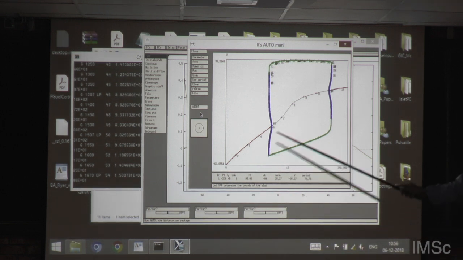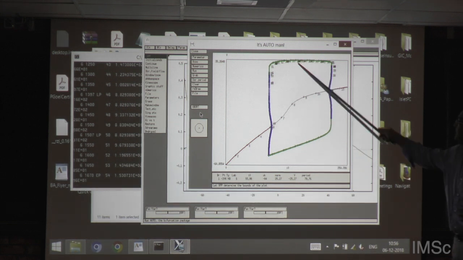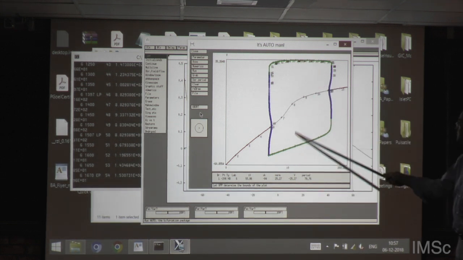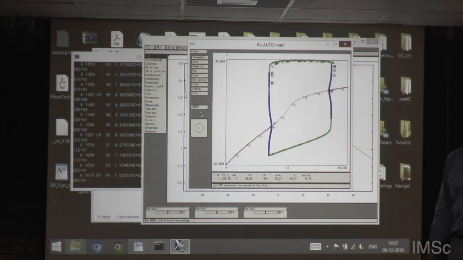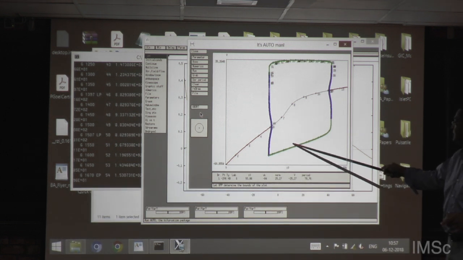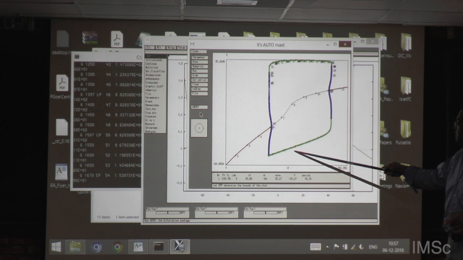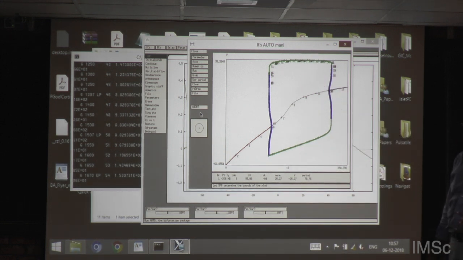Okay, got it? So this green branch, this point and its corresponding upper point at that value of I0 corresponds to a periodic orbit, and a stable periodic orbit, a limit cycle. That is to say, if I am here and in the neighborhood, I will converge to this oscillation represented by these two maxima and minima. Okay.